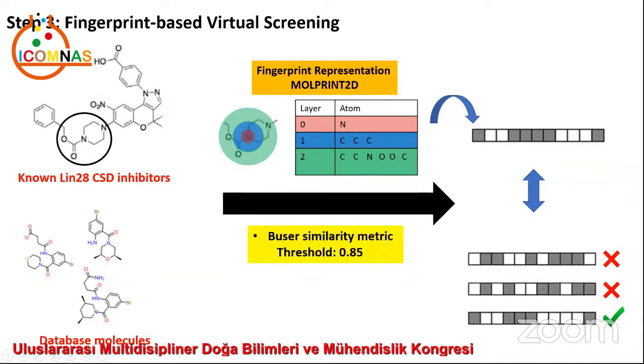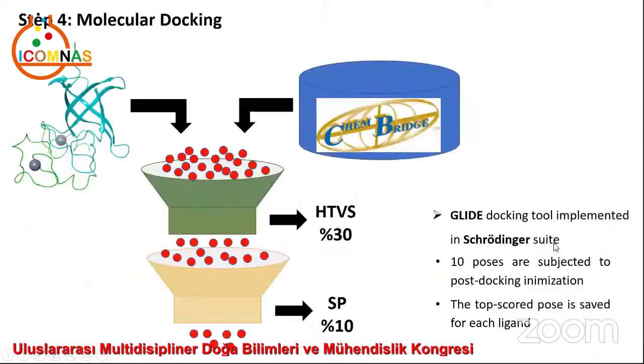And we told the computer basically that if the compound has 85% similarity with the known molecule, then we will select it. And we have compared all the molecules with the known inhibitors for the selection. And this was our first filtering. The compounds that met these criteria were subjected in the next step to molecular docking. And for molecular docking, we use the Glide docking tool implemented in the Schrödinger software.